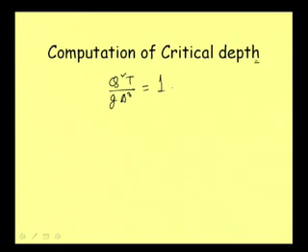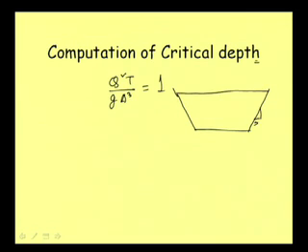If we take a trapezoidal channel, for example, with side slope z, and critical condition of flow is occurring, then this depth we refer to as the critical depth y c.